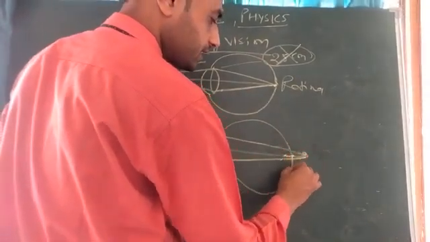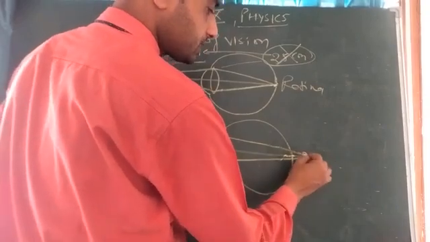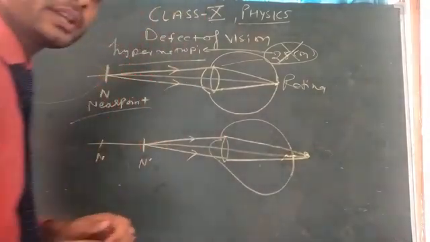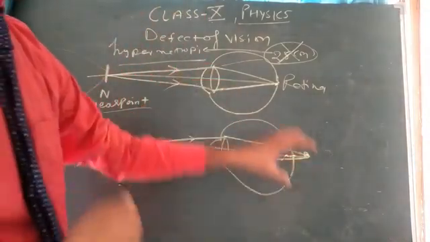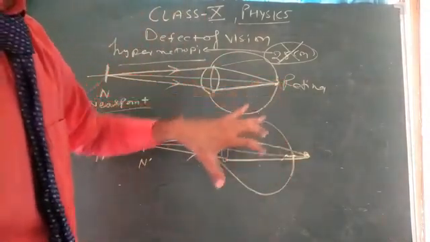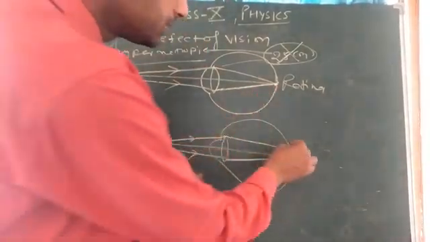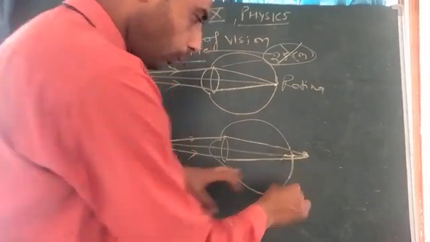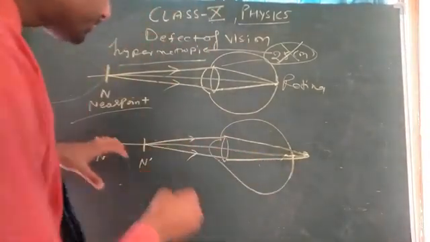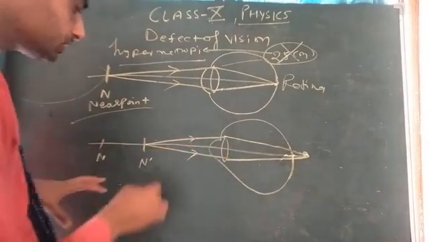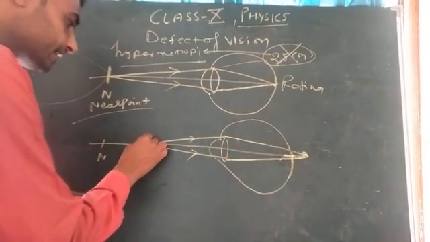As you know, this is the retina and this is the point beyond the retina. It means the sensitive cells present on the retina are unable to get the optic signals, and we can't see, or our eye is unable to see an object placed at this point.